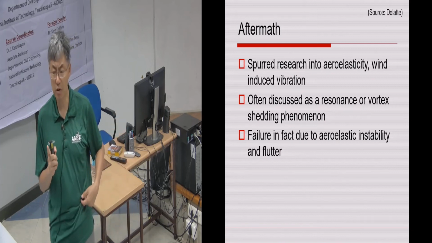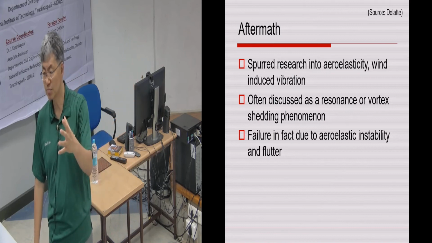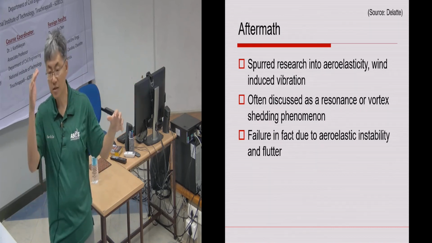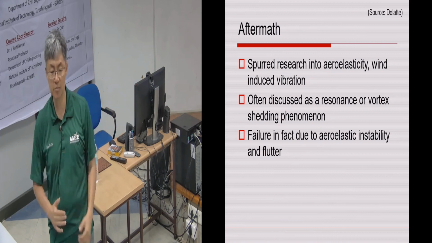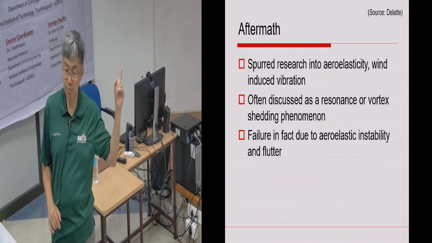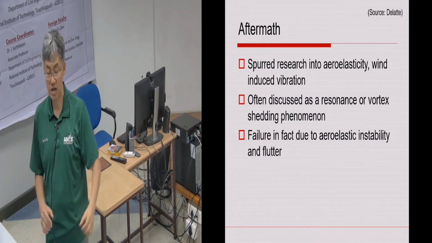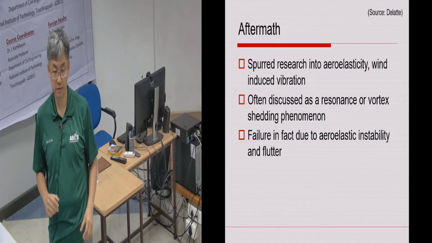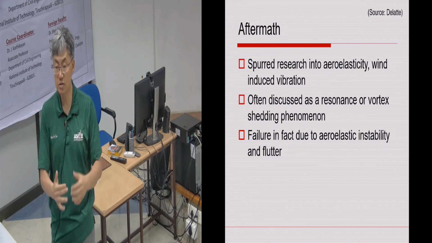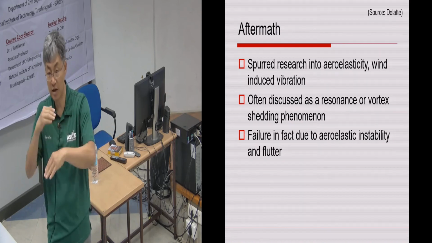But the problem is, we always assume the wind gust and the bridge vibration must be in the same mode. One of the arguments is that when a burst of wind comes, it's not a resonant wind. It's a pocket of wind that hits the structure. So there is no such thing as a corresponding frequency, not like an earthquake.